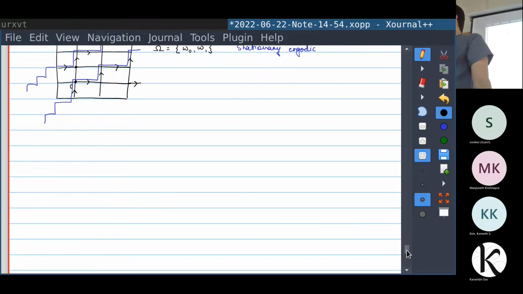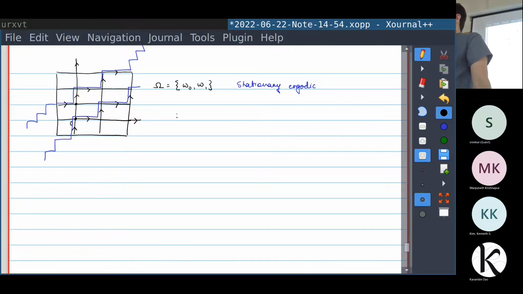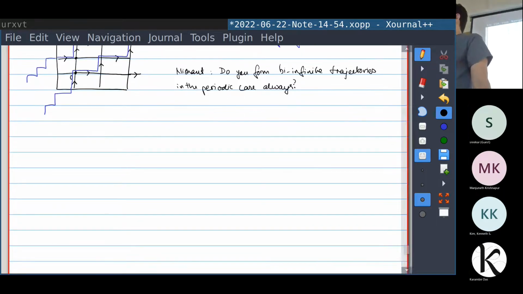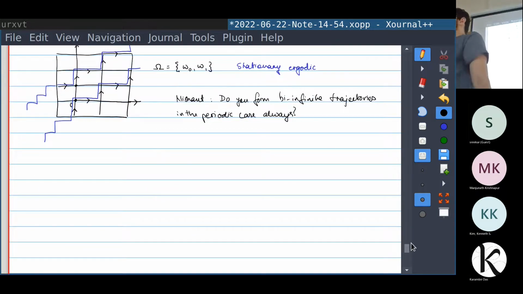Okay. So you have these bi-infinite trajectories. Nishant asked a good question: do you always form these bi-infinite trajectories? I'm just talking about the periodic case. Yeah, bi-infinite trajectories, and it seems to be true. So you're saying any periodic one will, that should be the case.